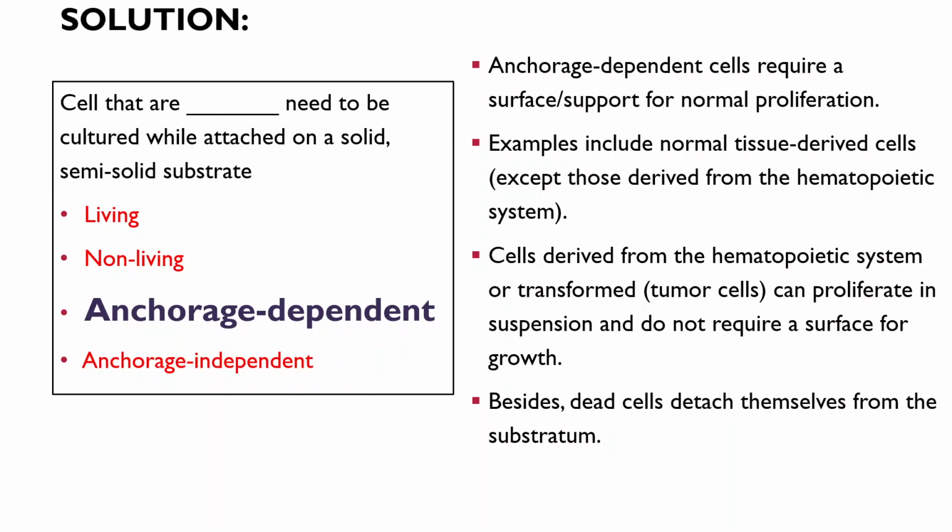They usually grow in suspension, and the examples are cells derived from the hematopoietic system or transformed cells. Further, dead cells too do not remain attached to the surface. Once live cells undergo growth arrest, they detach themselves from the substratum. So therefore, the right option is anchorage dependent cells.